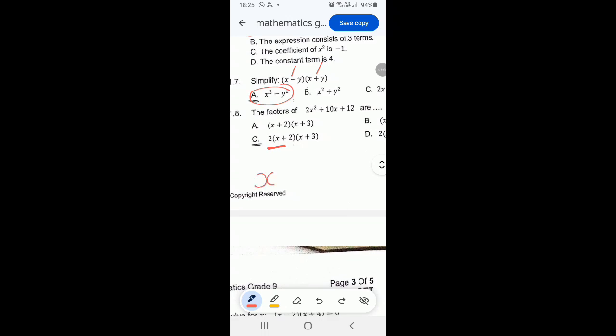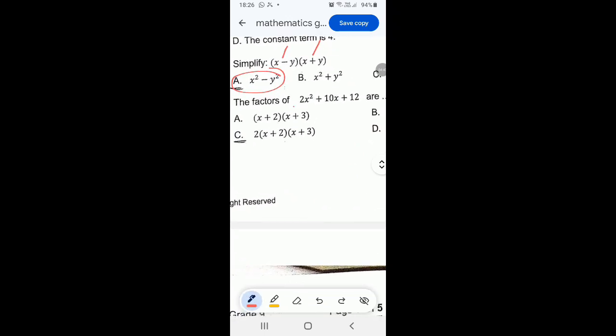For example, if you have x squared minus 100, you're going to get an answer like this, (x plus 10)(x minus 10). We call that difference of two squares. We'll get to that later. So the answer there is A.